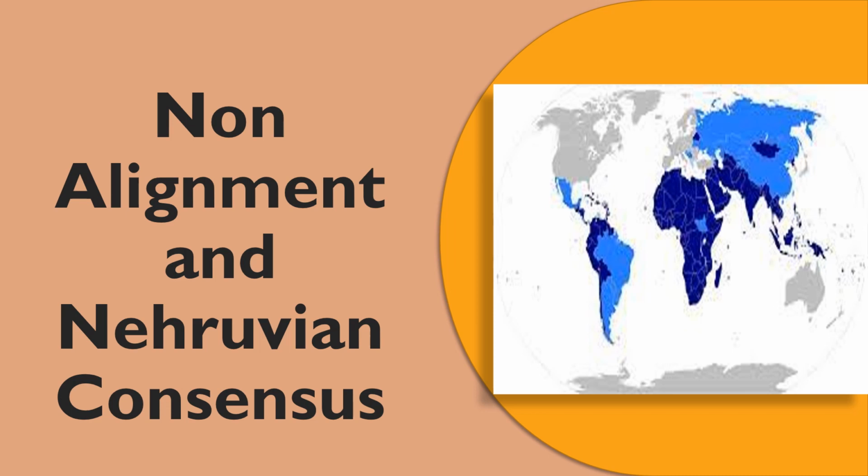How did he reconcile these goals? In the first place, non-alignment was based on securing the independence and freedom of action, especially of the newly independent countries of Asia and Africa.